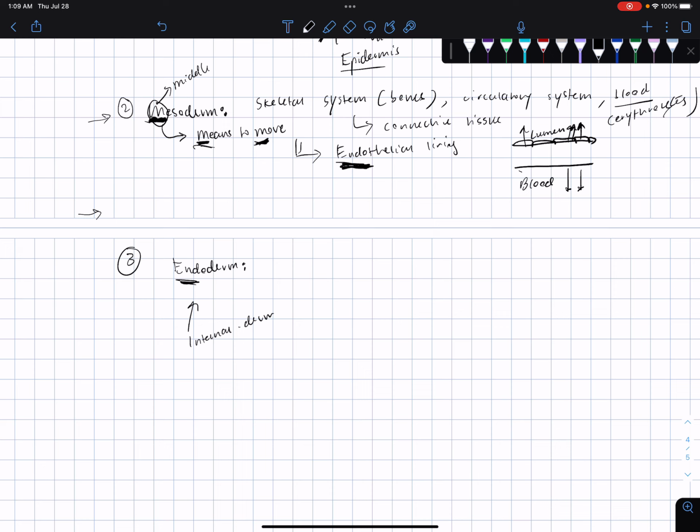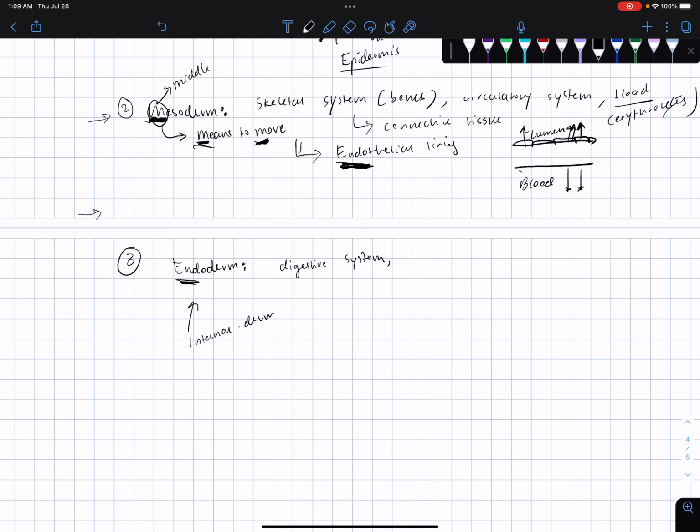So internal, we're going to talk about like our really internal systems. That would be the digestive system, which is going to include our stomach, our small intestine, our large intestine, right? Our cecum, colon, rectum, all of that. That's part of our digestive system.